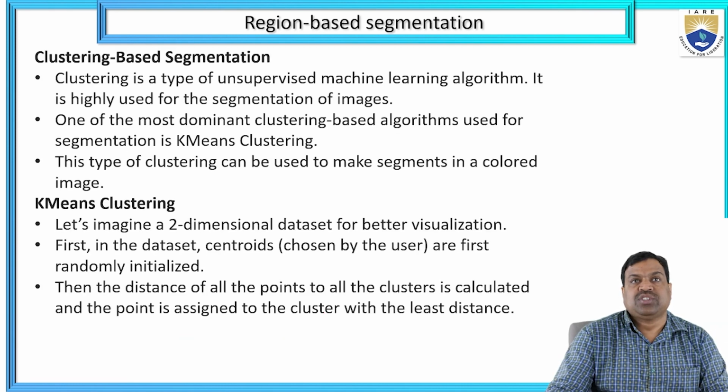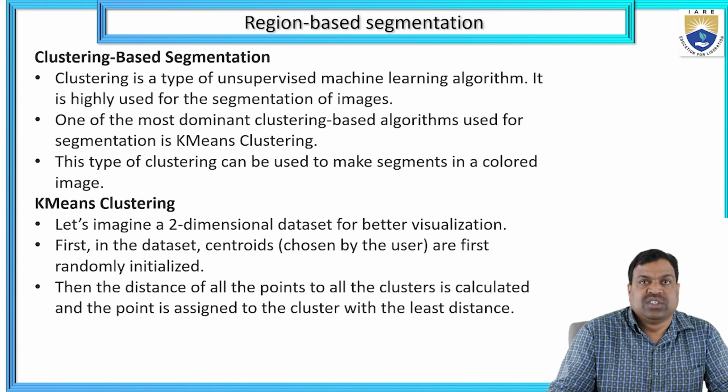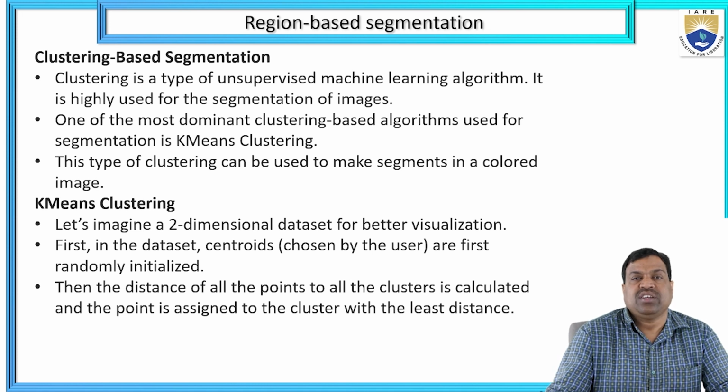So, clustering-based segmentation. Clustering is a type of unsupervised machine learning algorithm. It is highly used for the segmentation of images. One of the most dominant clustering-based algorithms used for segmentation is k-means clustering. This type of clustering can be used to make segments in a colored image.